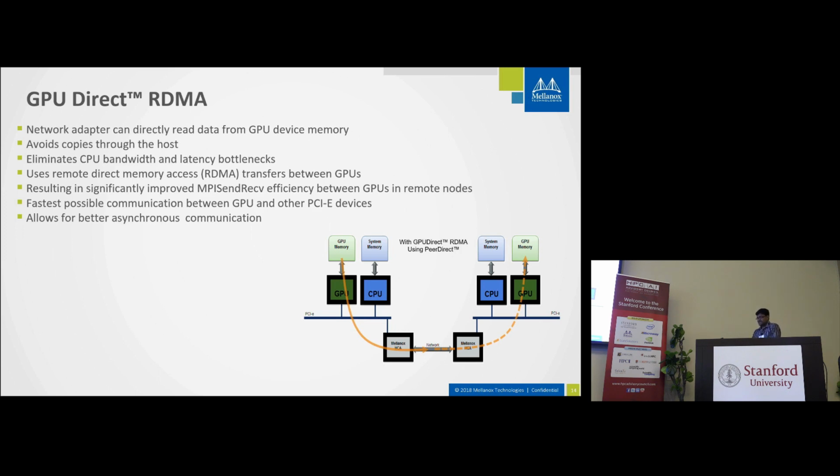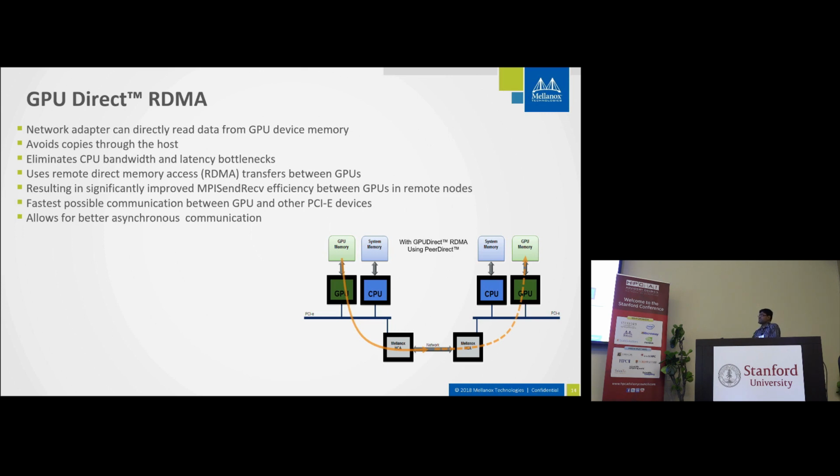With GPU Direct RDMA, the PCI device, the adapter, can directly read the data from the GPU memory. So it avoids the copies through the host, eliminates the CPU bandwidth and latency bottlenecks, and uses RDMA transfers between the GPUs.